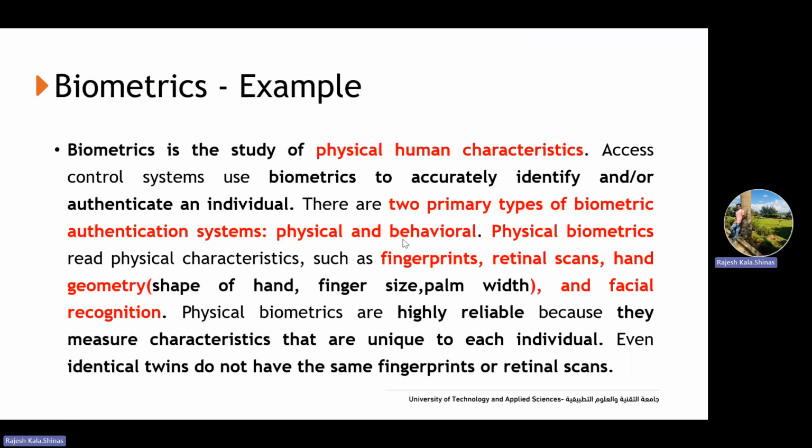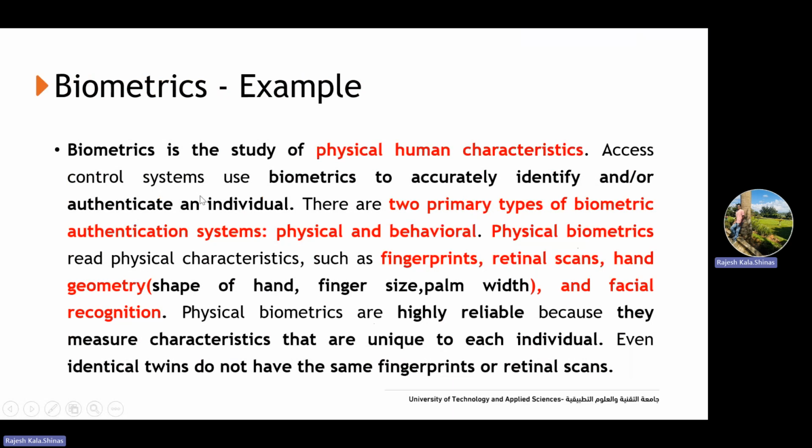Retinal scan: the retina of everyone's eye is different, so you scan it using a scanner. Then hand geometry: shape of the hand, finger size, palm width, all these things are different for each person. And facial recognition: everyone's face is different. These are the things coming under physical biometrics.